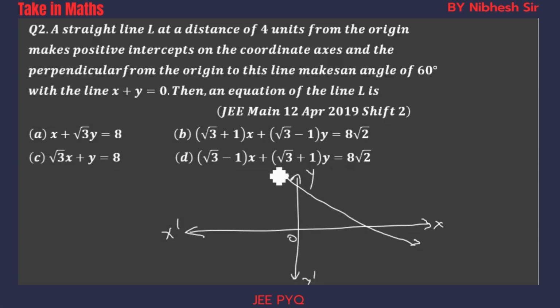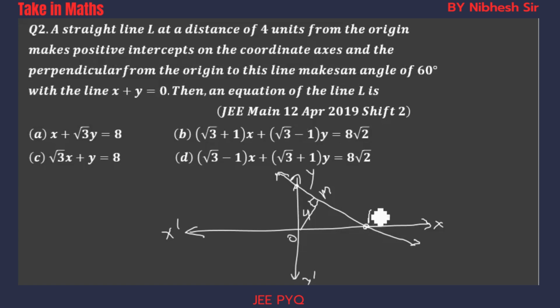We have a straight line L at a distance of 4 units from the origin, so this is 4 units from the origin, say this one is M. This line makes positive intercepts on the coordinate axes.